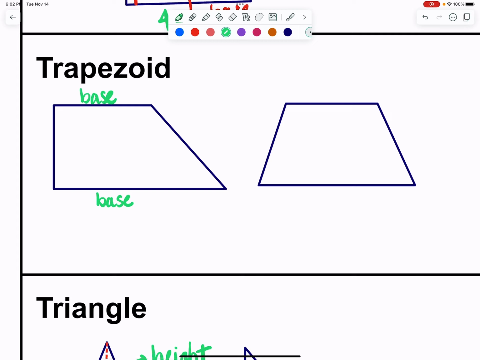On the other trapezoid, you get a base and a base. On this one over here on the right, or on the left, the height is the distance between the bases.